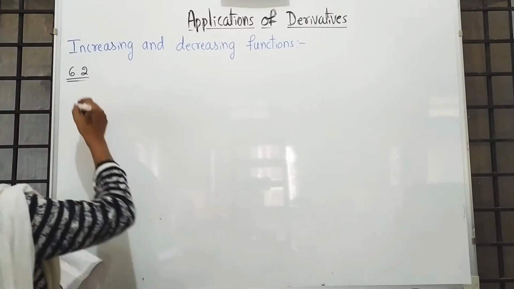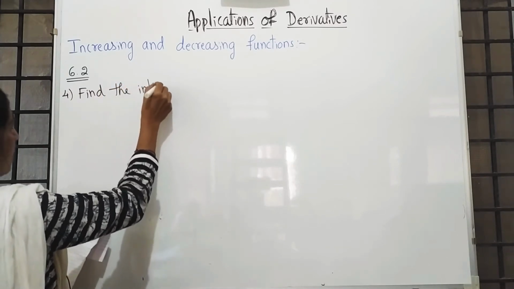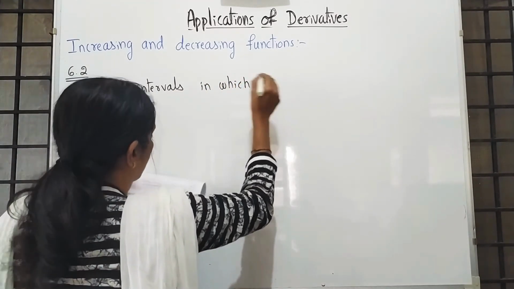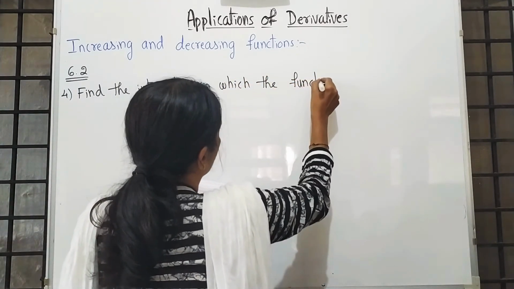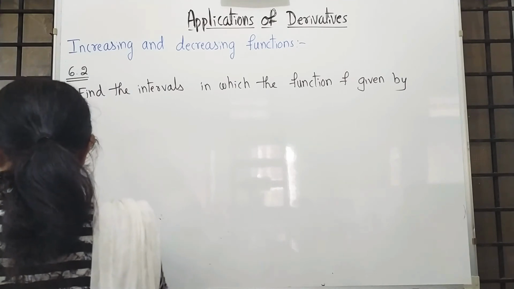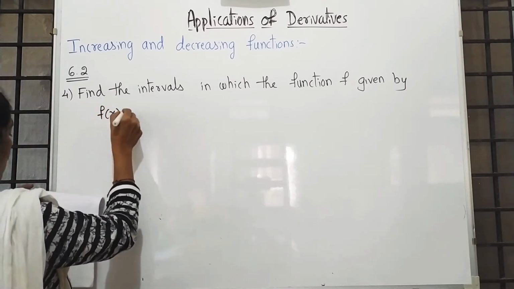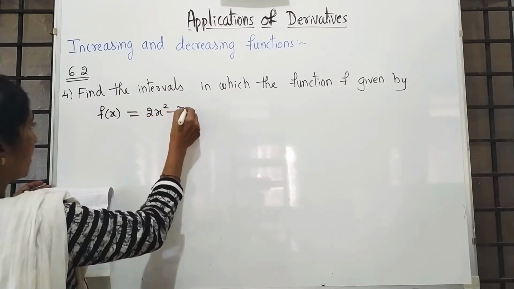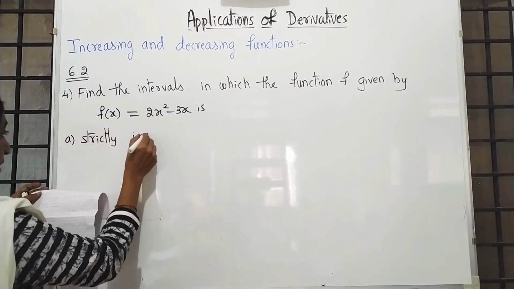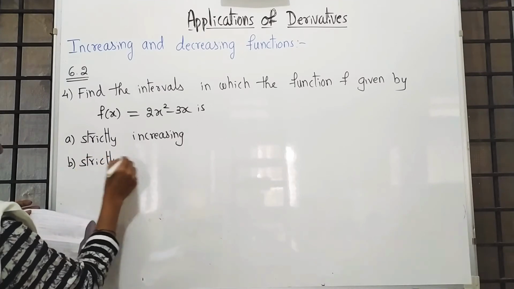Find the intervals in which the function f given by f of x is equal to 2x square minus 3x is, first one, strictly increasing, second one, strictly decreasing.